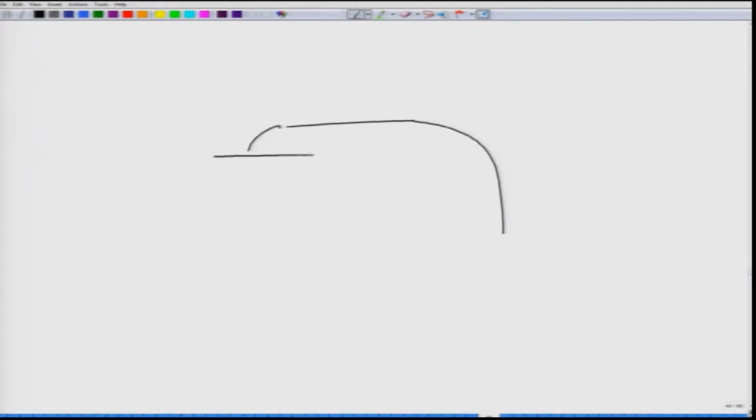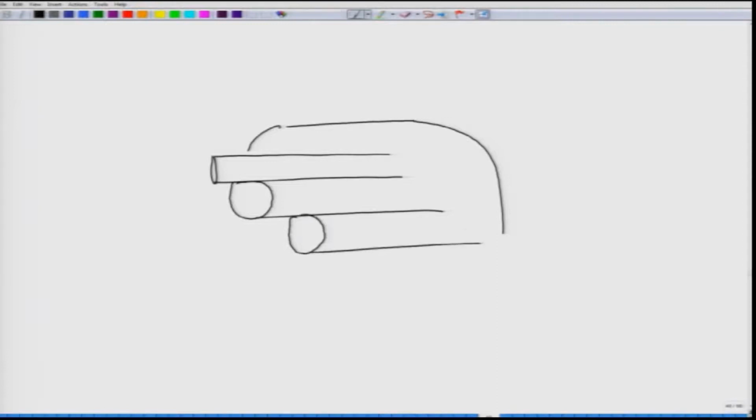And what you will be seeing is something like this or something like this. Those tubes are popping out, and within them you will see zones of something like this.